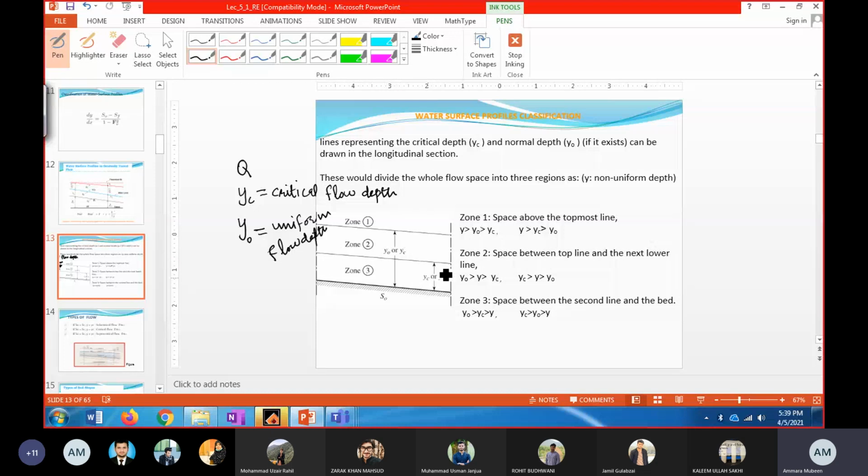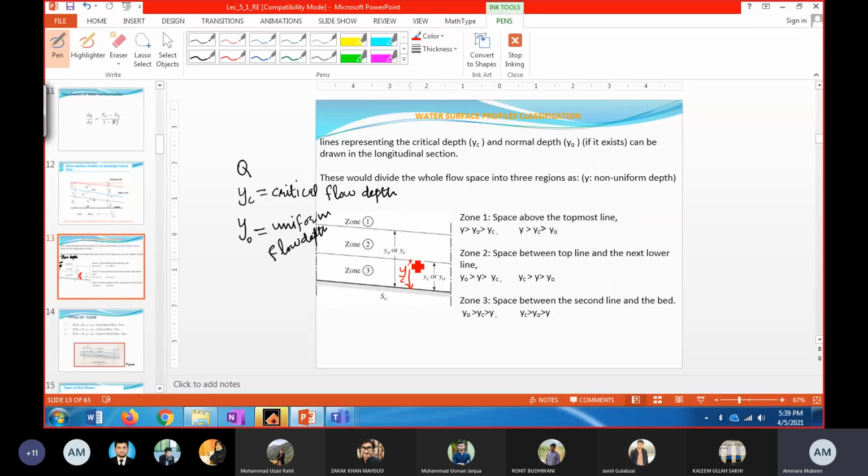If Yc is less than Y naught, then this distance would be Yc, so this first zone would be in depth Yc.